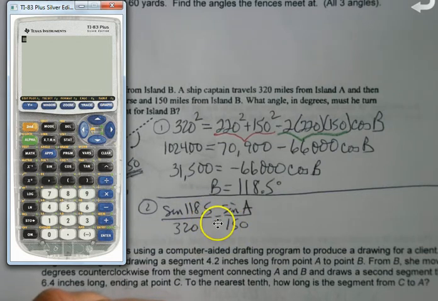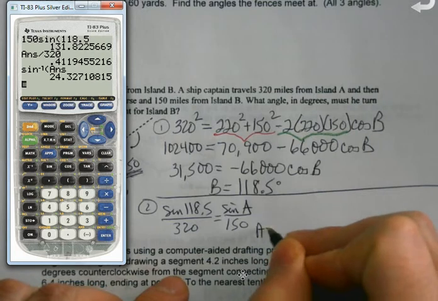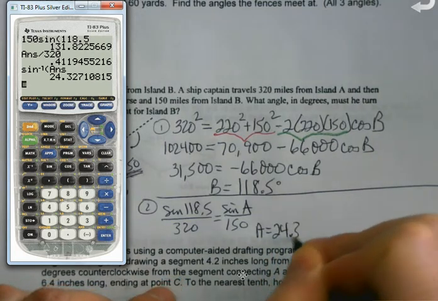The one that doesn't have your A, we'll multiply those together first. Divide by the number that is being multiplied by the sine of A. And again, we're looking for an angle, and we're in sine now. So second sine, inverse of sine. And my answer, so A is 24.3.